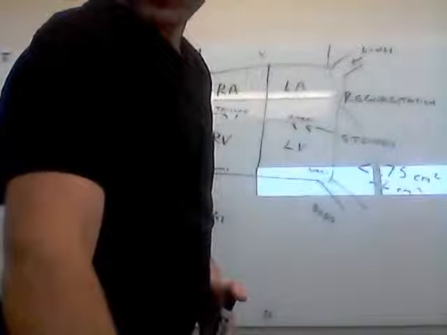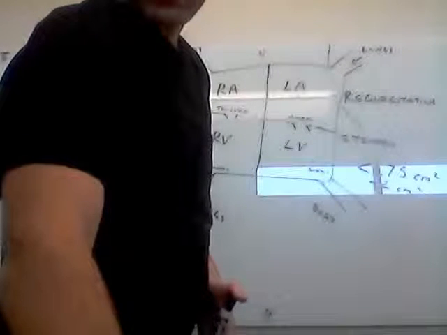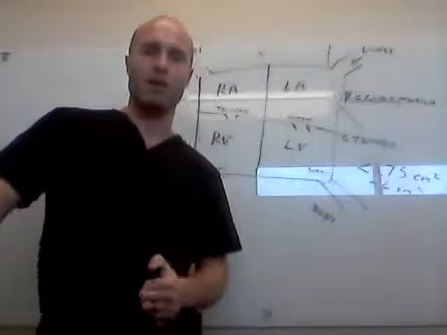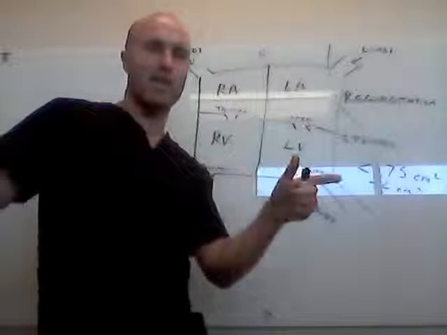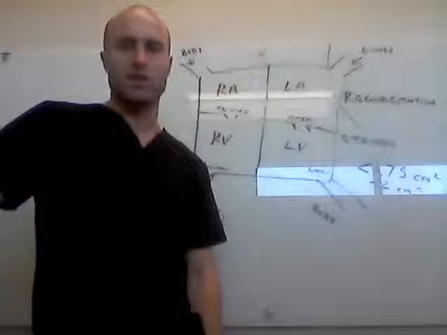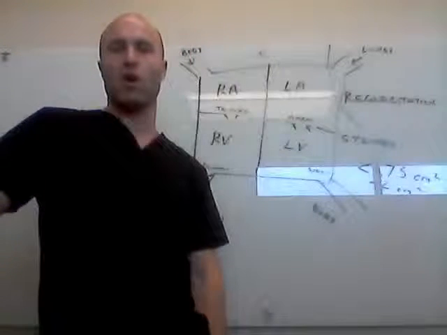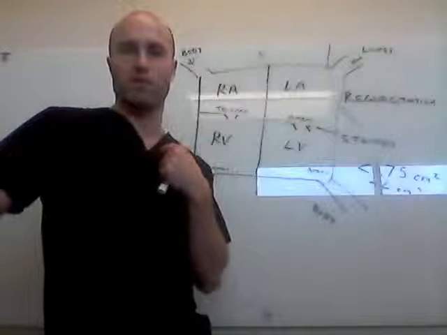Okay, there's also something called a Graham Steell murmur. It looks like Graham, like graham cracker. It's a Graham Steell murmur. This is an early diastolic murmur heard along the left border of the sternum.